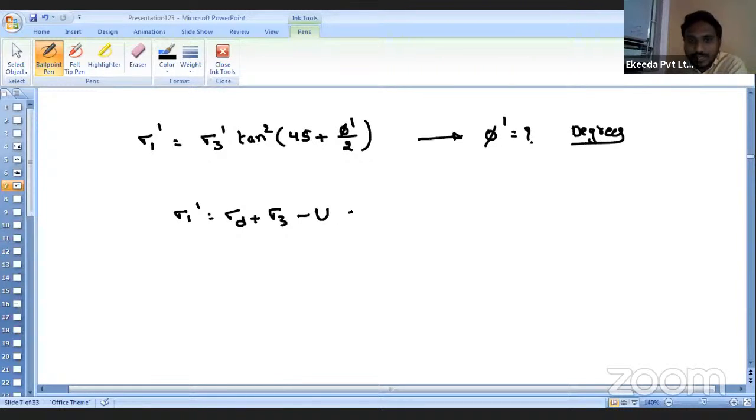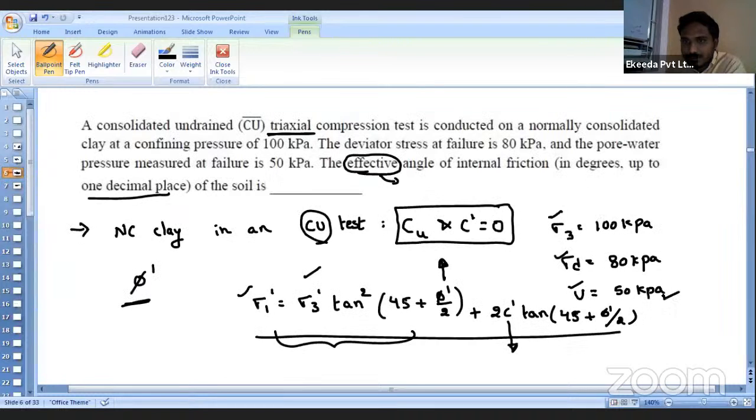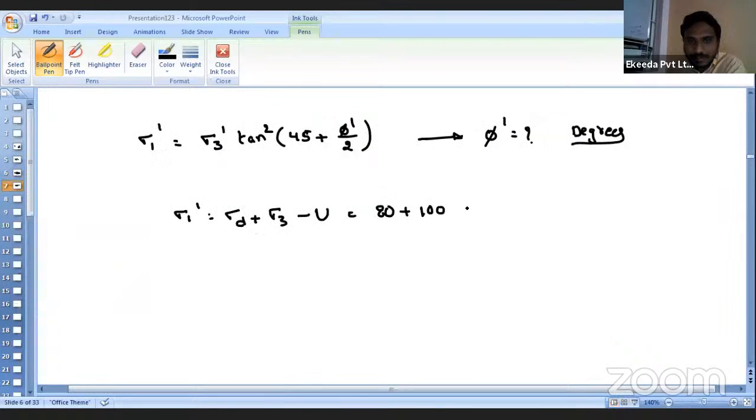So what is the deviator stress given? The deviator stress is given as 80 kilopascal. Confining stress is given as 100 kilopascal, and pore water pressure is given as how much? 50 kilopascal. So minus 50. If we solve this, we get 130 kilopascal as your effective major principal stress.